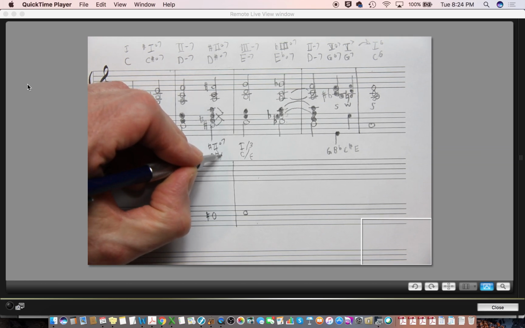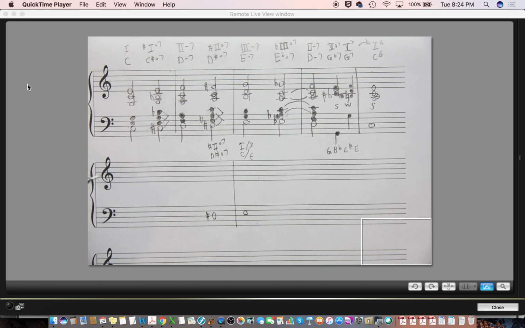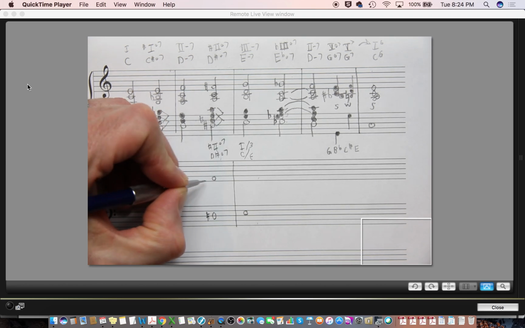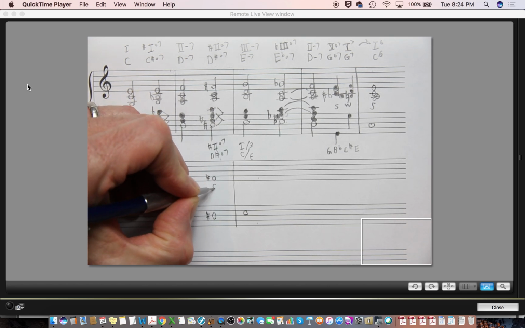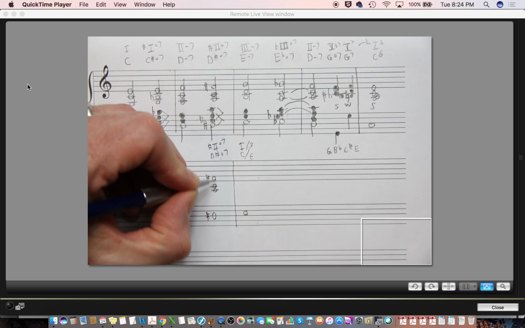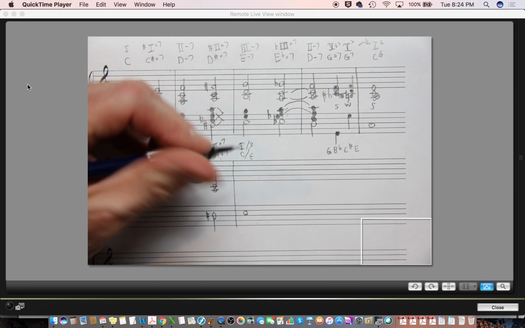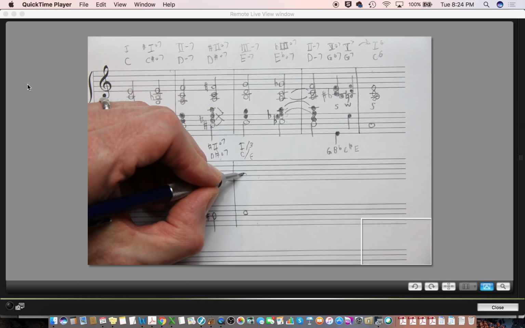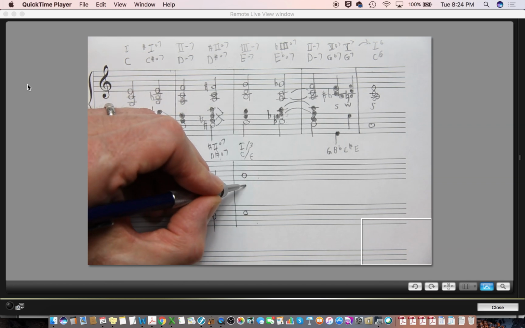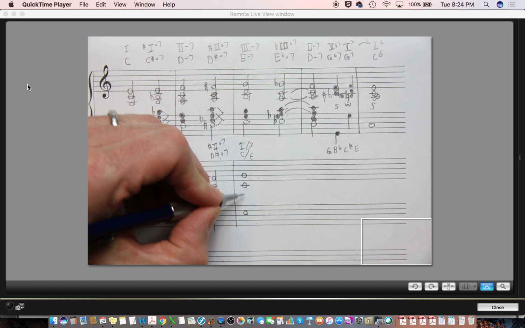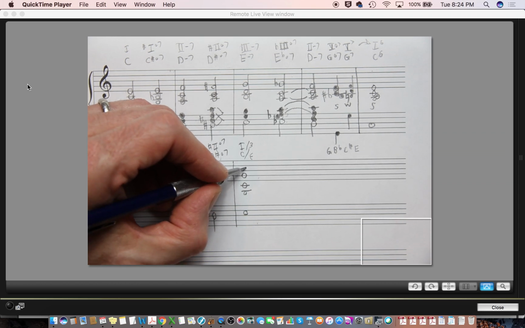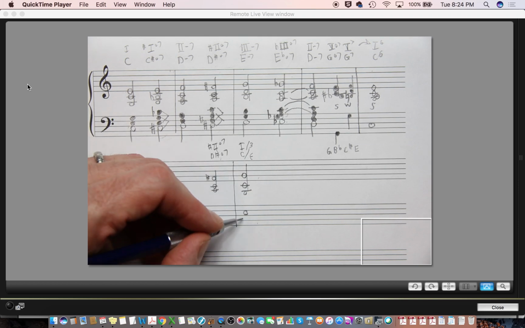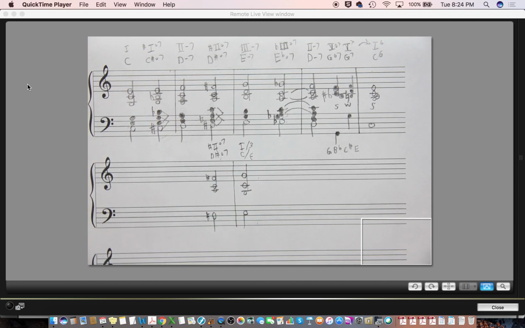Okay, so let's go back to our voicing here that we had with F sharp, C, and A, and then we're going to resolve this up to a 1 over 3, so we're probably going to end up with something like this, a G, here's our C, and then maybe this will go down to a G here. It's not a jazz voicing at all, right?